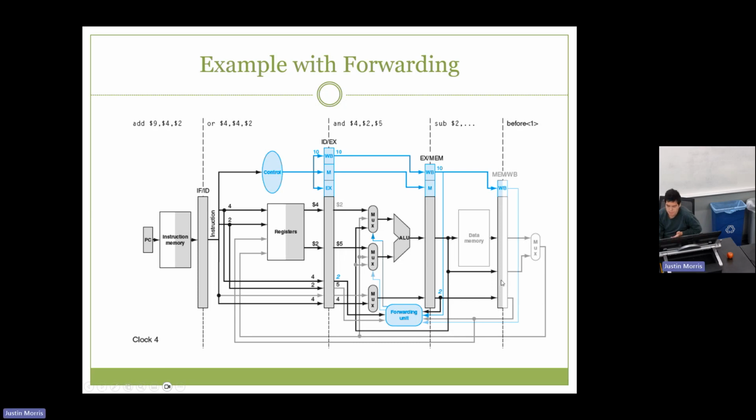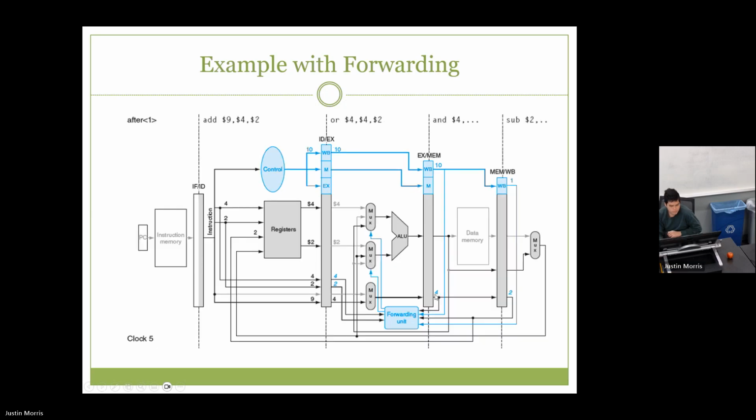And we have the same capability on the write back stage. So let's see this capability from the write back stage. Right, the AND is done. It executes, right? So it doesn't need register 2 anymore. But now we have this OR in the execute phase. And it wants to read from register 4 and register 2, and that's what it did in the previous clock cycle.